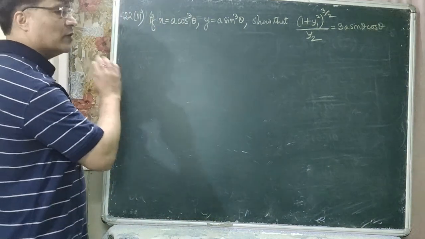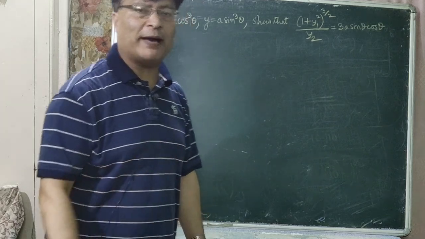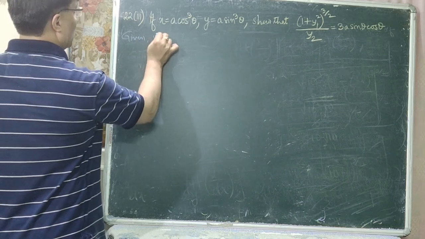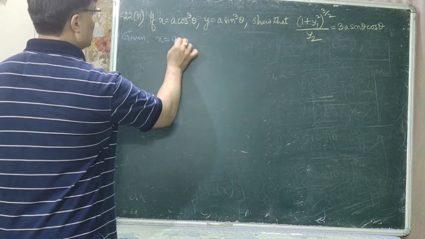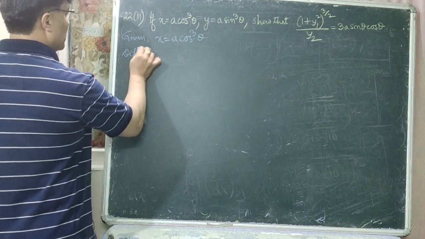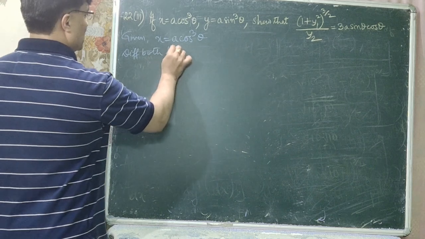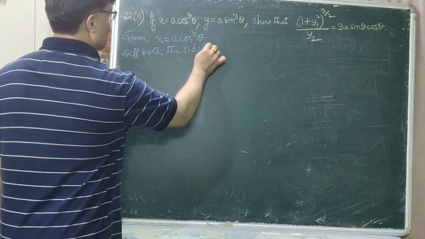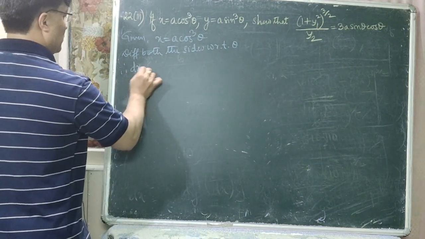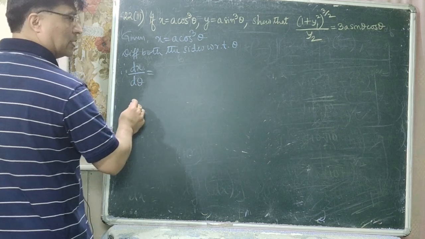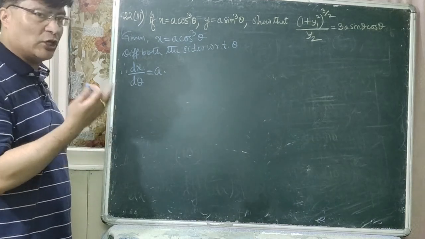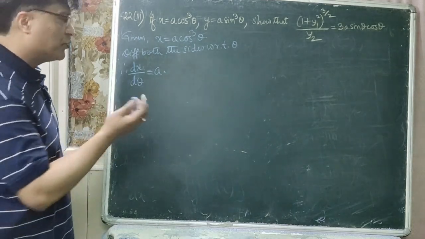Okay. So first of all, let us find out dy by dx of this parametric equation. Okay. So here given is x is equal to a cos cube theta. Now write down differentiating both the sides with respect to theta. Therefore dx by d theta is equal to a into, how will you differentiate it? Let us take it as x cube. What is the differentiation of x cube? 3x square.